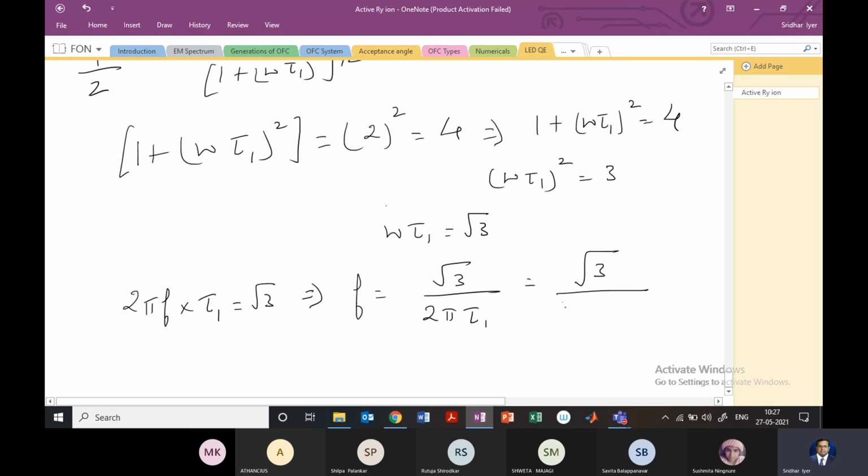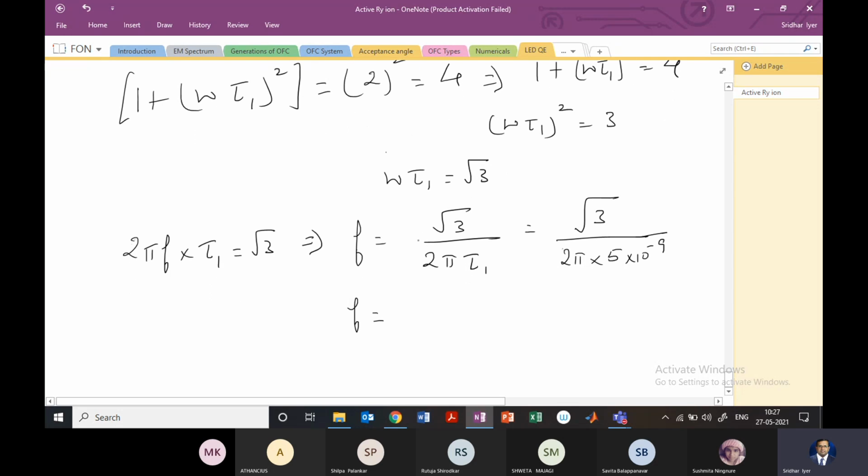Therefore, I can plug that in. So you'll have 2 pi into 5 into 10 raised to minus 9. Therefore, I can get the frequency value, right? So let's see what value we get here. Okay, so I get somewhere around 55.2 megahertz. Just check with me if you get that value.